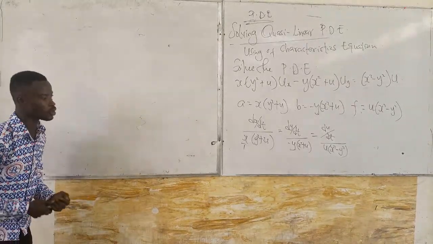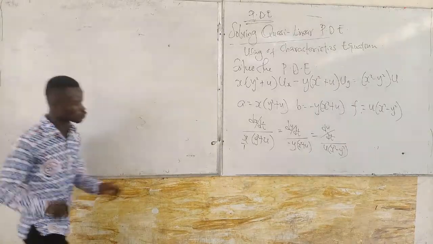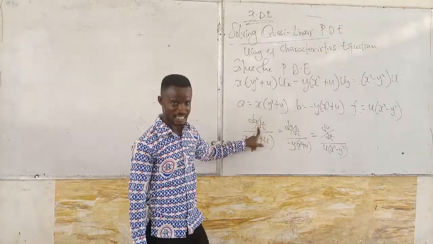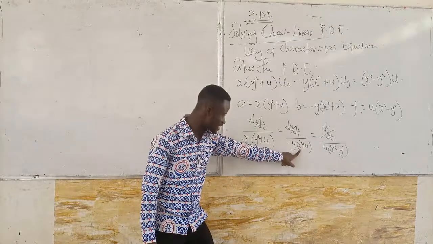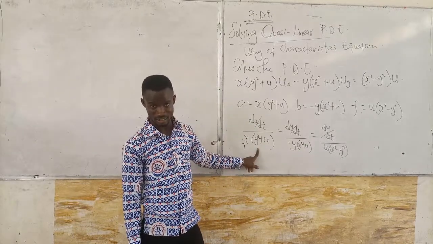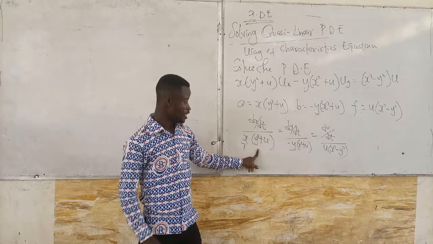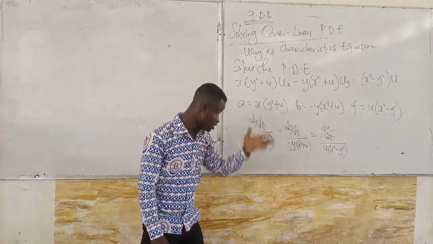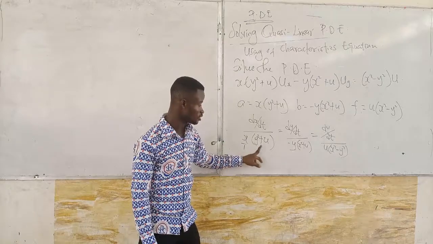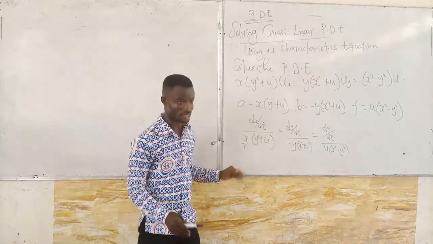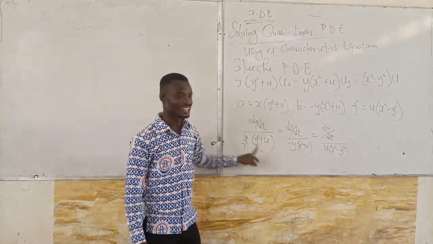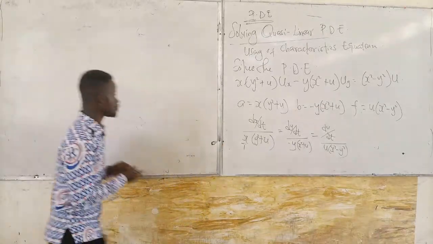I want to know the reason why I want to subtract this from this, and subtracting this from this. Because if we subtract, since minus is here, we are adding. If minus is not there, you have to subtract. If we add, the u will go because the u is creating the problem now.